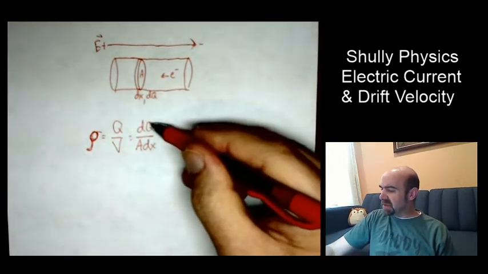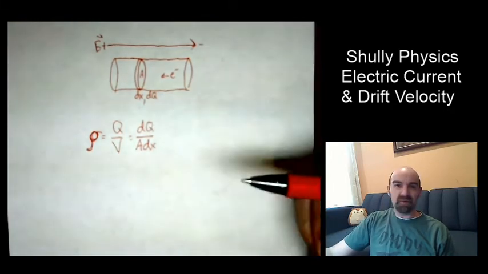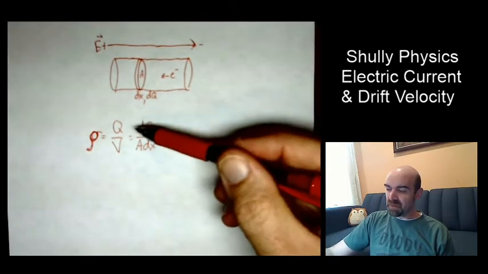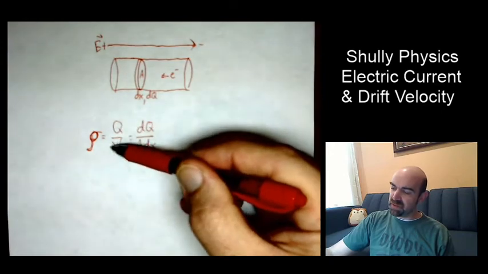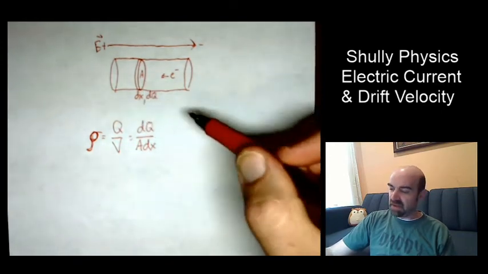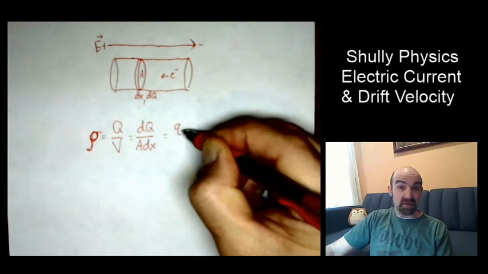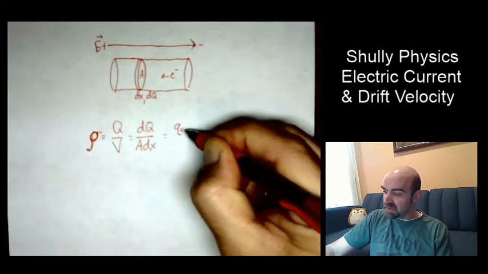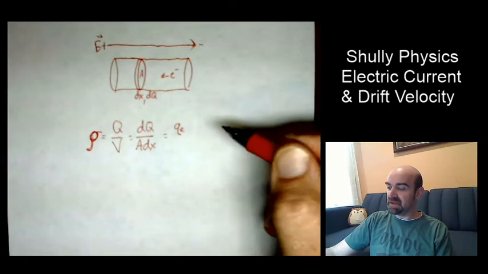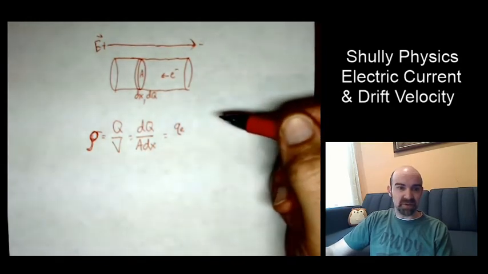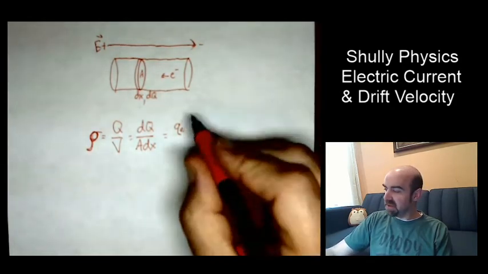Like, what is that little dq worth? Well, another way to look at Q over V is the charge of an electron. I'll call it Q little e. That is the elementary charge. That's what it's going to turn out to be.